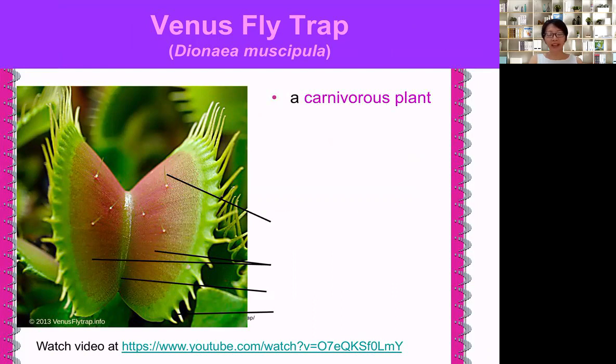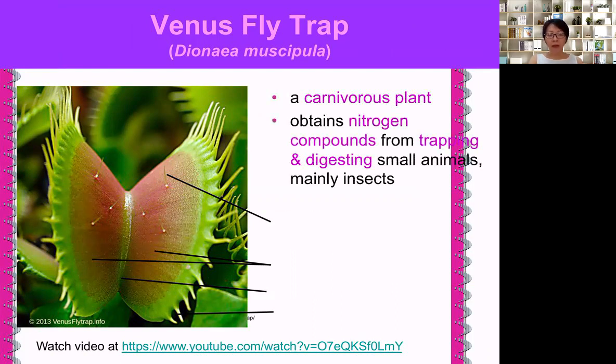Why do they want to feed on small insects? Because they want to obtain nitrogen compounds from the body of the insects by digesting them. Nitrogen is very important for the plant to synthesize DNA and amino acids, so it's a very important compound. They want to obtain this from animals because animals have a lot of proteins in them.